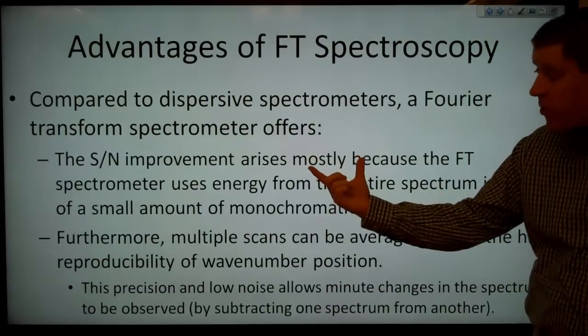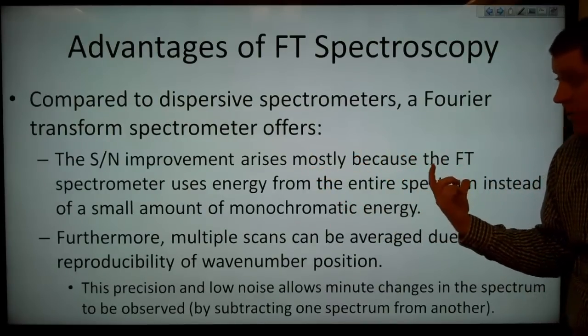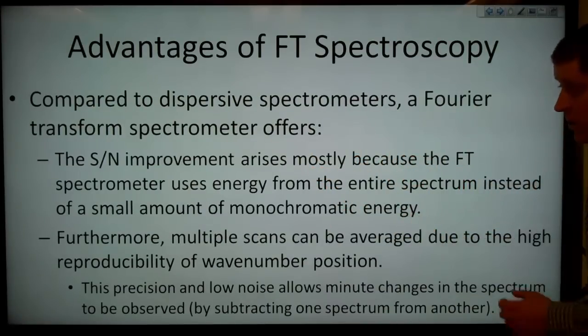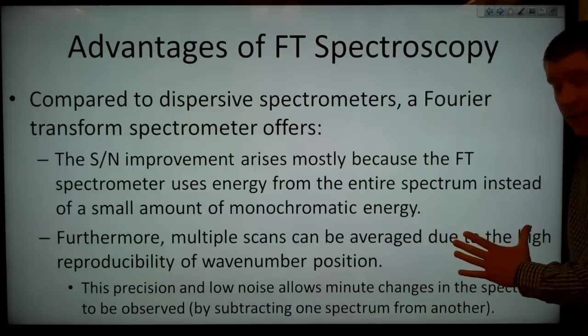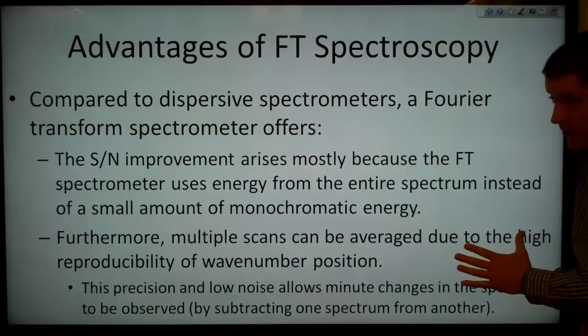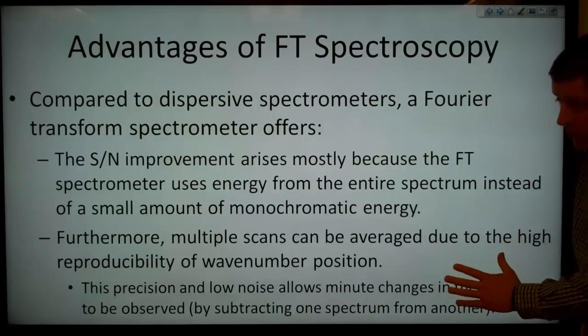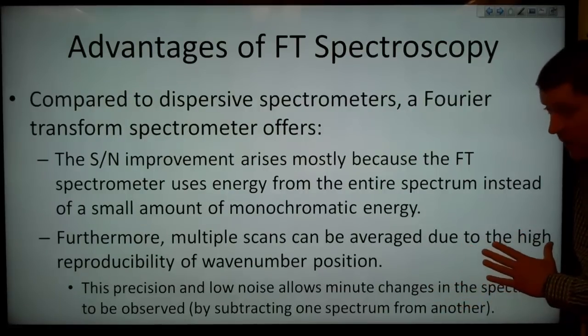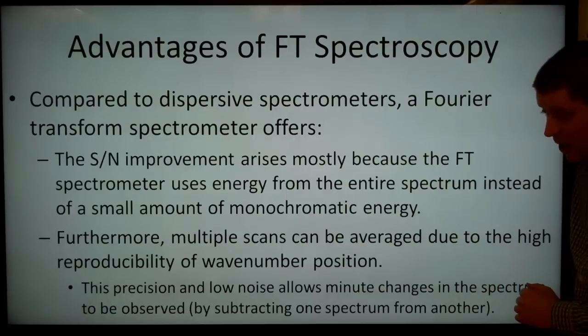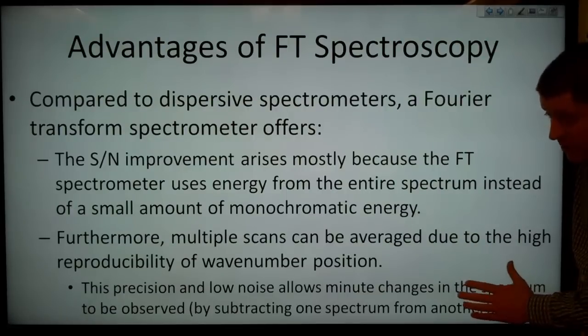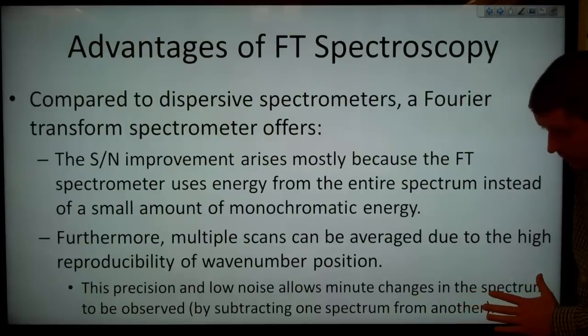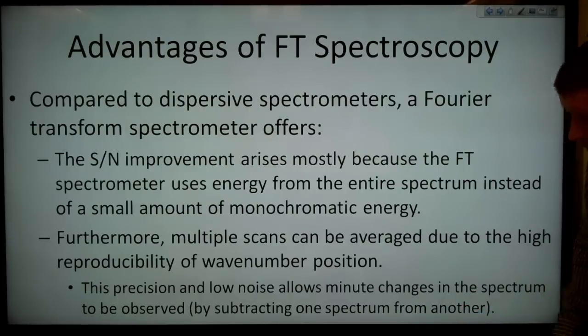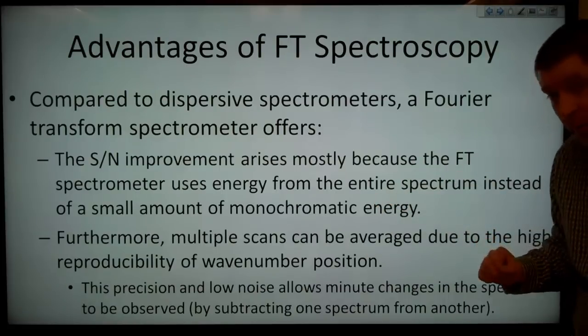And our signal-to-noise improvement here is arising mostly because our Fourier transform spectrometer uses energy from the entire spectrum instead of just a small amount of monochromatic energy. Furthermore, multiple scans can be averaged due to the high reproducibility of wave number position, and this precision and low noise allows minute changes in the spectrum to be observed by subtracting one spectrum from another.